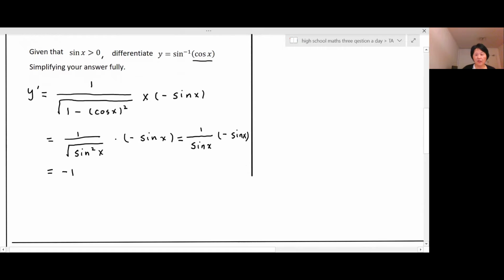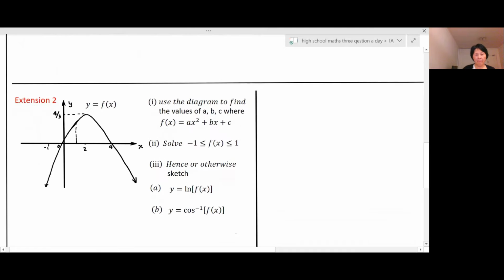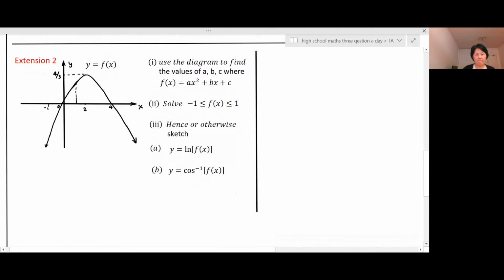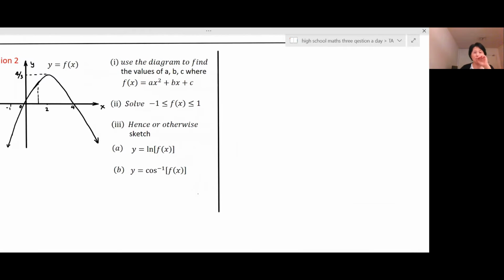Okay, now we look at the next question. This question, the first one: using this diagram to find the value of a, b, and c.